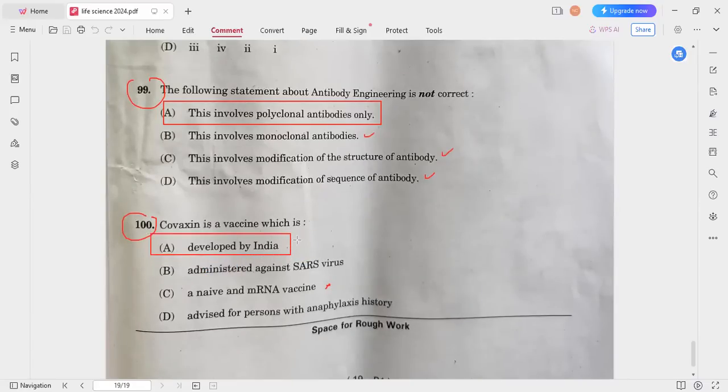This Covaxin is a whole inactivated virus vaccine, the COVID-19 vaccine developed by Bharat Biotech in India, in collaboration with the ICMR. That's why option A is the correct answer for question number 100.